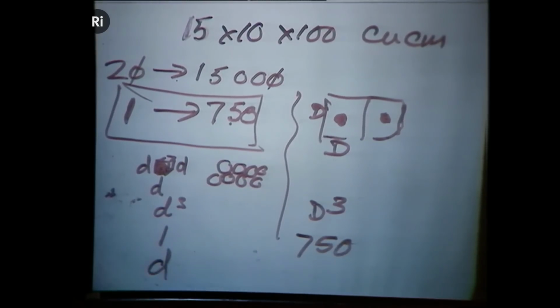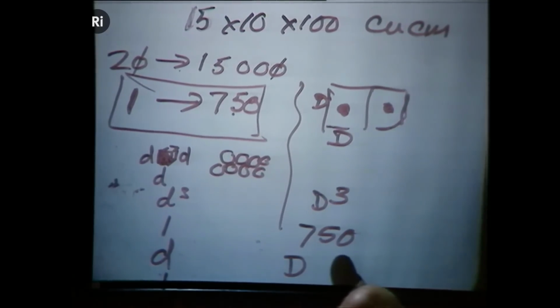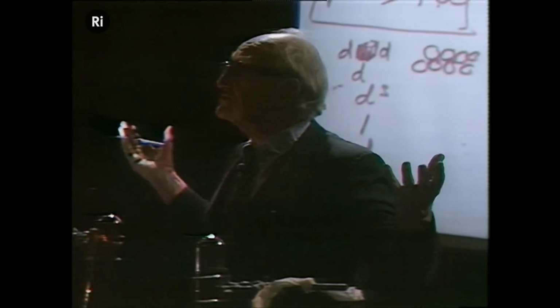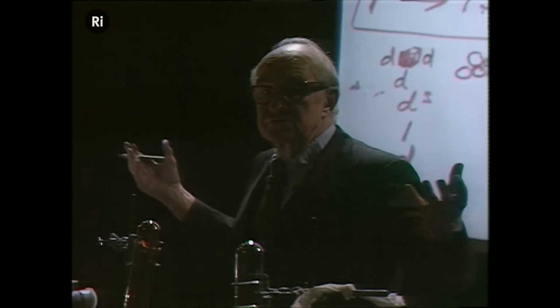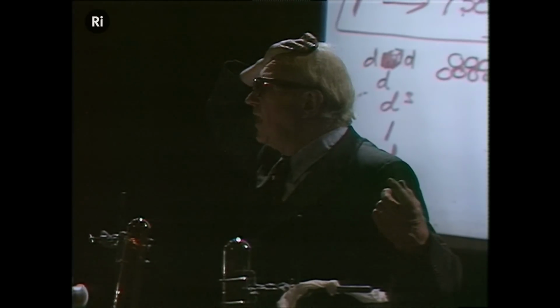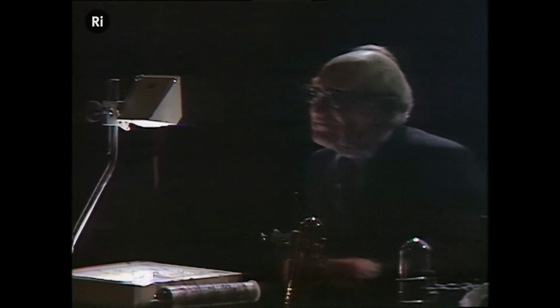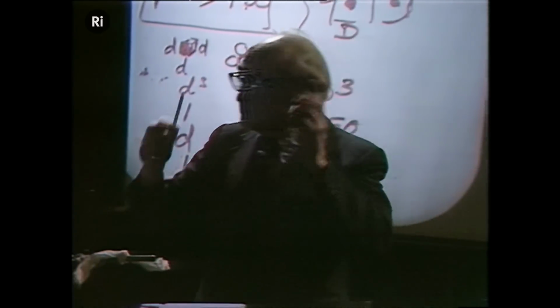And therefore d and D are in the proportion of 1 to, what's the cube root of 750? What's the cube root of 1,000? 10. Well, that's too much. Try 9. 9 nines are what? 81. Oh, no, they're not in rough, desperate physics. They're 80. 80, and now multiply 9 again, it's 700 and something.